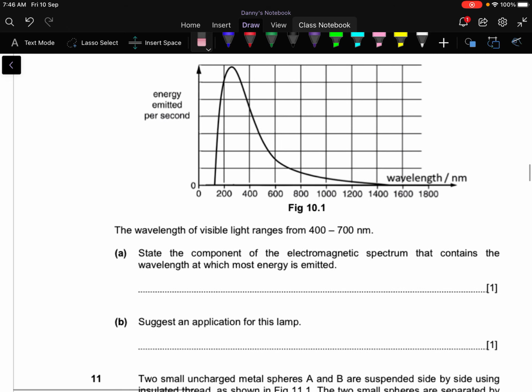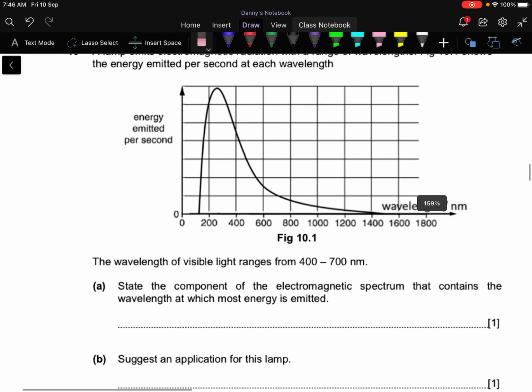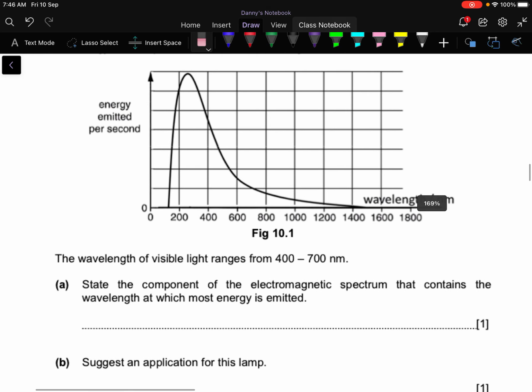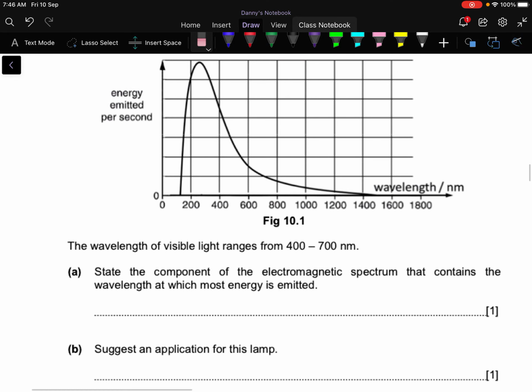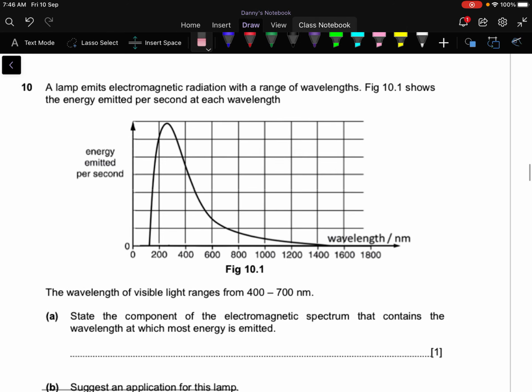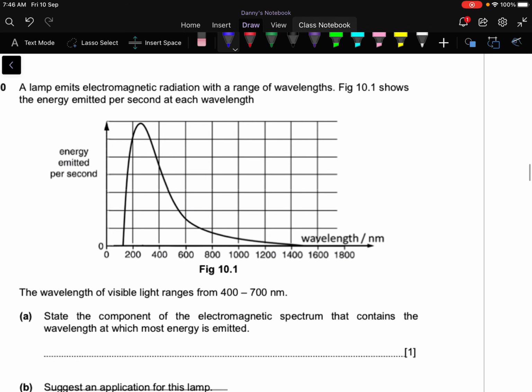So I have a huge group of you that answered part A as infrared. I hope that is because you are memorizing the answer without actually looking through the question. Okay, if not, then the logic will be quite wrong. So anyway, let me share with you how to properly approach this question.